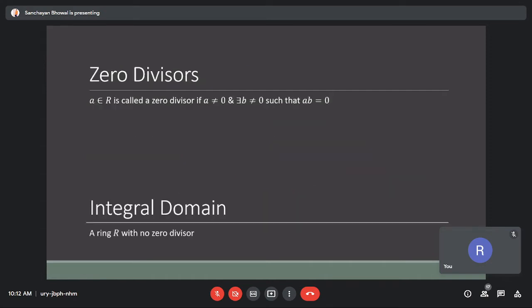Okay. Now here come some important properties or important definitions before going into theorems. So what are zero divisors? Zero divisors are those elements which, when multiplied with a non-zero element in the ring, give zero. For example, let's say Z mod 6Z. Now this forms a ring under plus and multiplication.